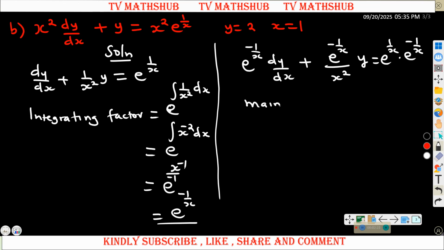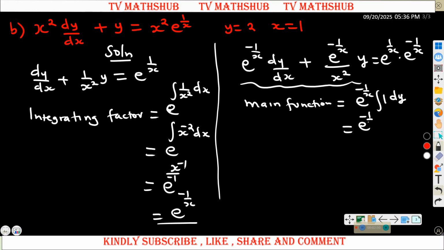How do we obtain the main function, the function that will be differentiated to give you the left-hand side? We take the integrating factor, which is e to the power negative 1 over x, and multiply it by y. So our main function will be e to the power negative 1 over x, then y.